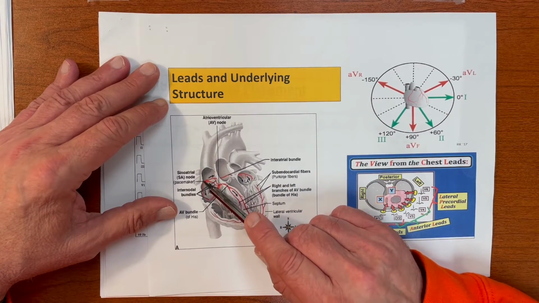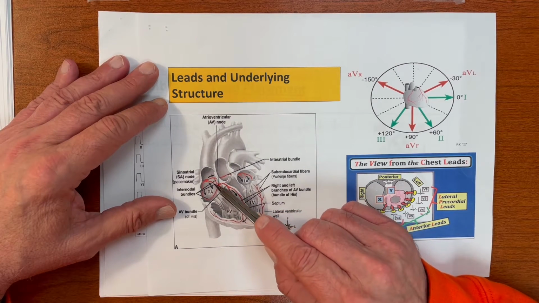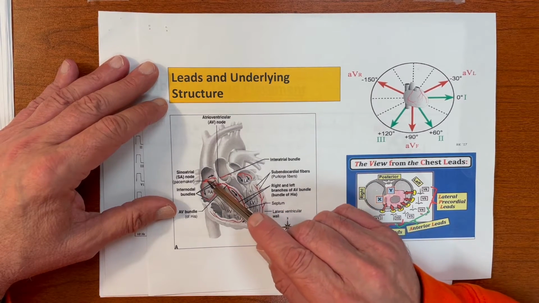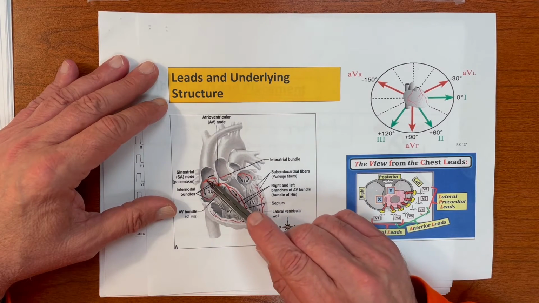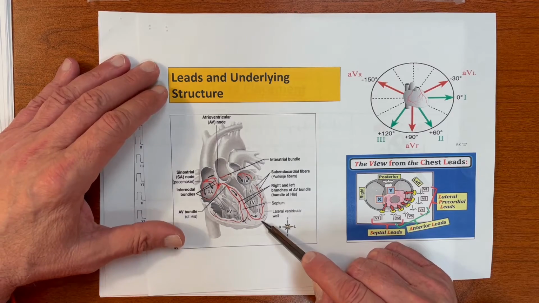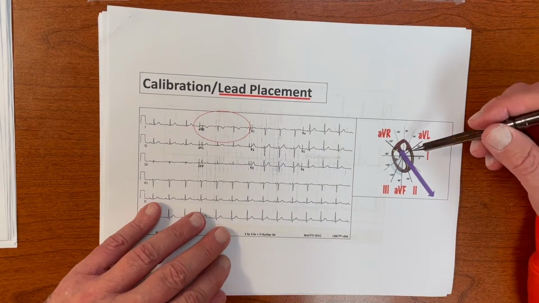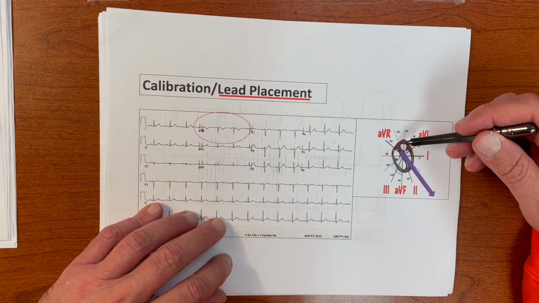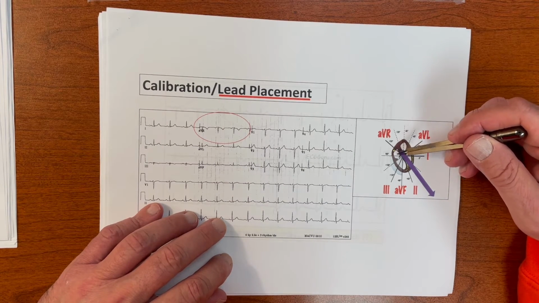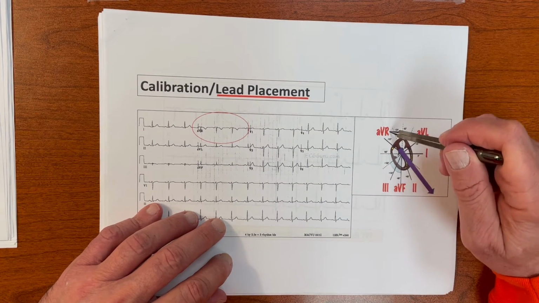So if it depolarizes first the atrium, then the ventricles, it'll do it sequentially and create a vector going away from it towards the apex, the most distant part. Therefore, if we sum that into one humongous vector, it would be going from the sinus node to the apex of the left ventricle. That would be away from aVR.